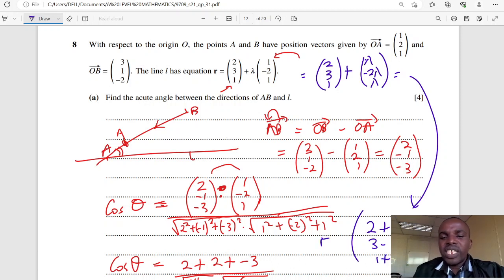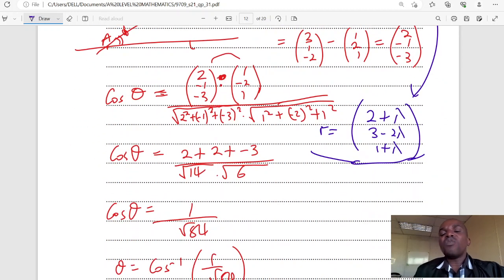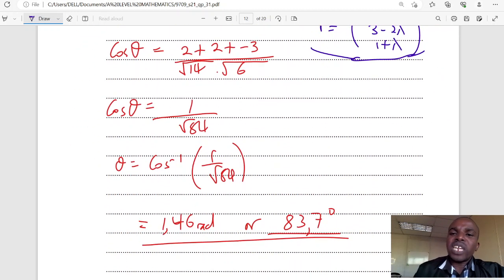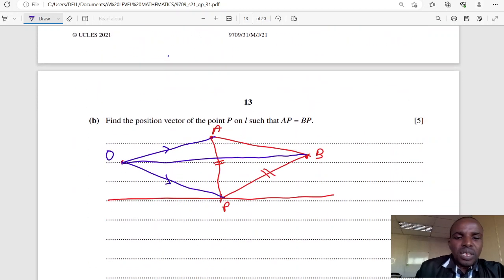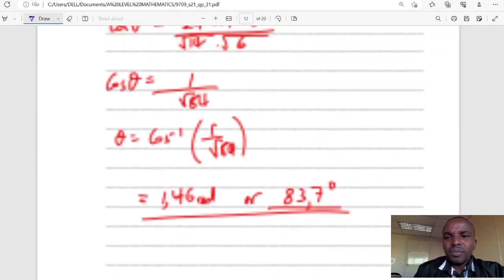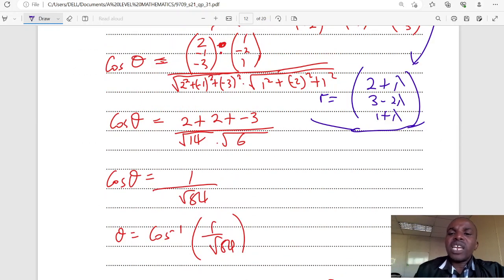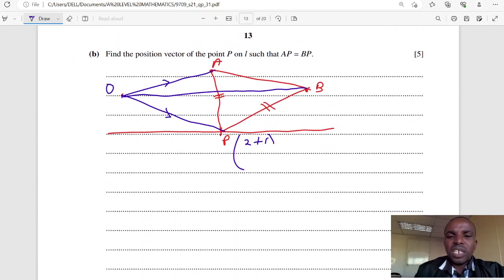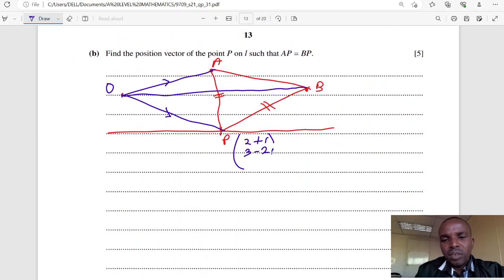This represents the position vector of any point that lies on the line L, so these are the points of P.